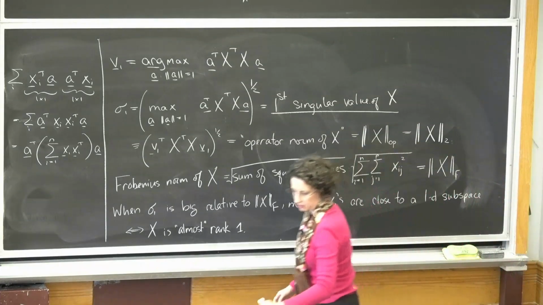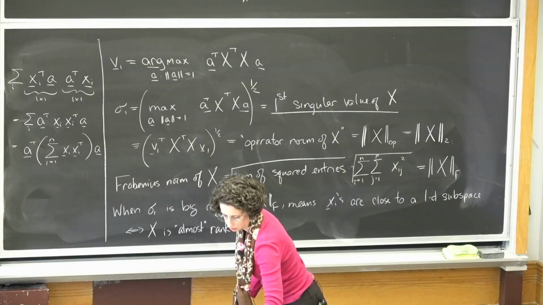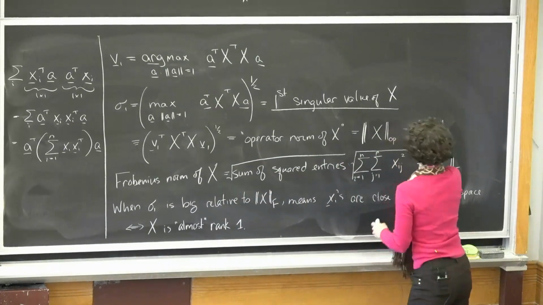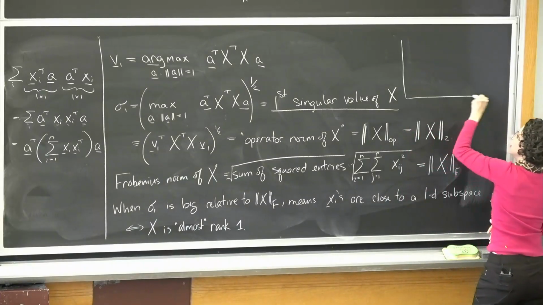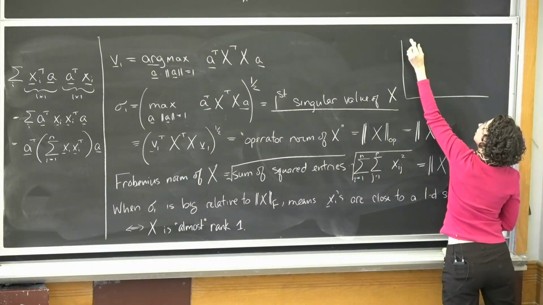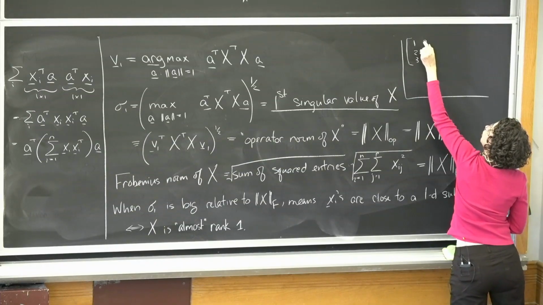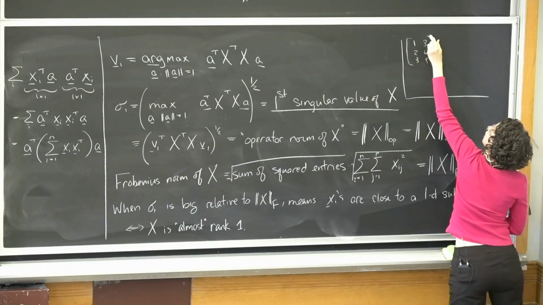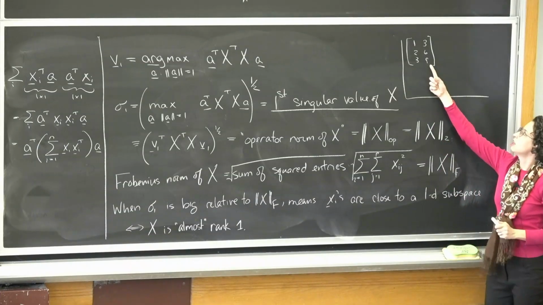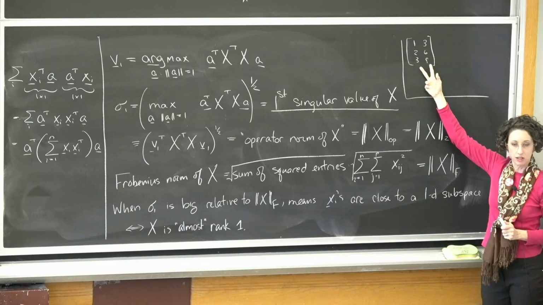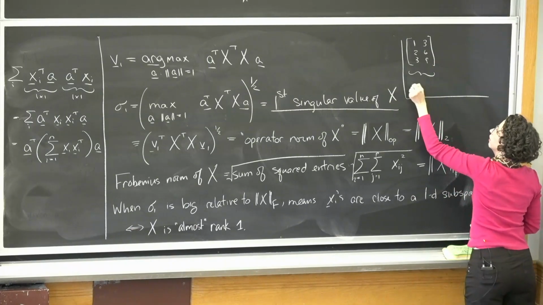I think I have an example of this. Oh, okay. Well, next lecture. Let me make a smaller toy example, right? I could have a matrix that looks like 1, 2, 3, and then 3, 6, 9. This has got one column that's a weighted version of the other column, so this matrix is rank 1.